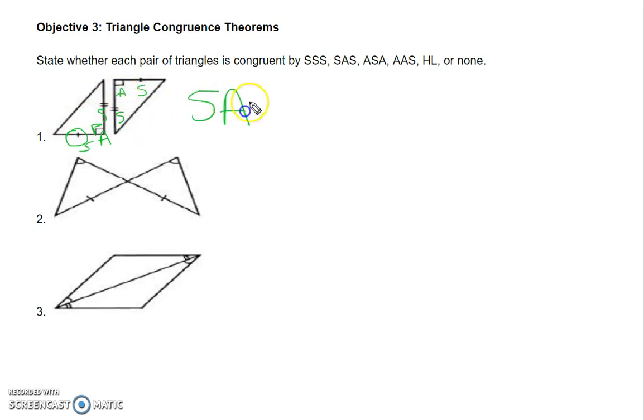Yes. So number 1 is side-angle-side. Number 2, I only have 2 markings, and I need at least 3. So I have to remember to mark my vertical angles. So these count. Now I have an angle and a side. I have to check the other one. Angle, angle, side. So yes, these are congruent by angle-angle-side.